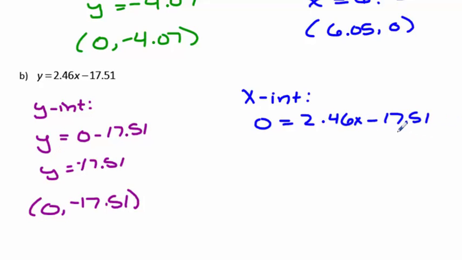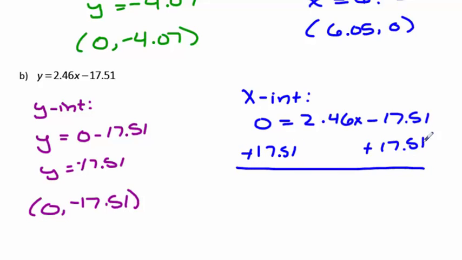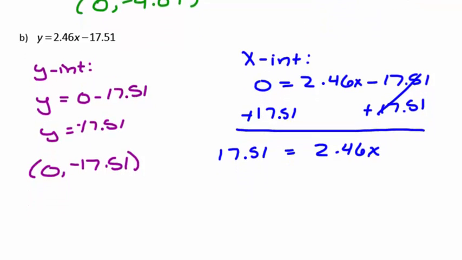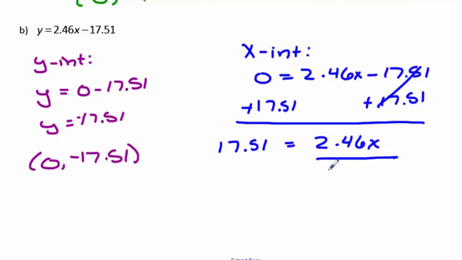To solve for x here, we want to first get rid of the negative 17.51, so we're going to add that to both sides. Add 17.51 to both sides. That's going to give us 17.51 equals 2.46x. And then we know that if we want to solve for x, we're going to divide by the 2.46 on both sides.